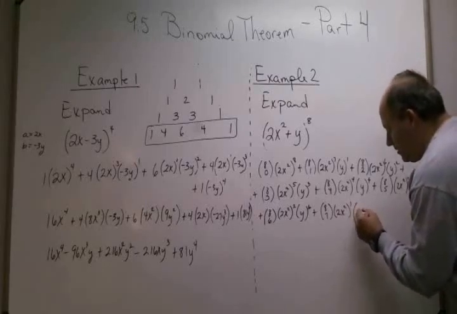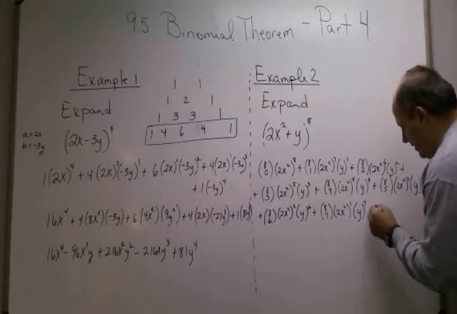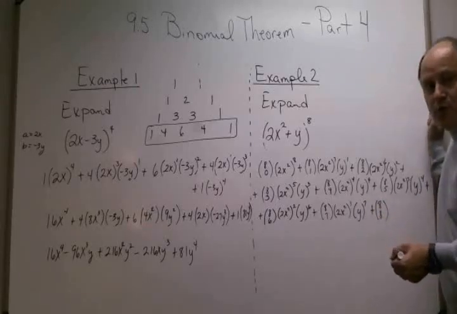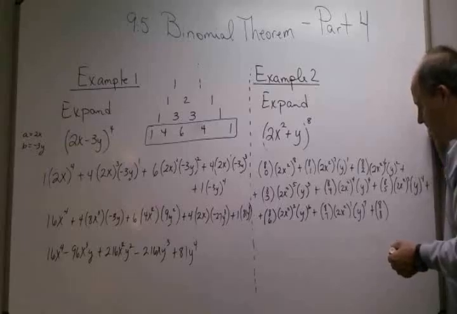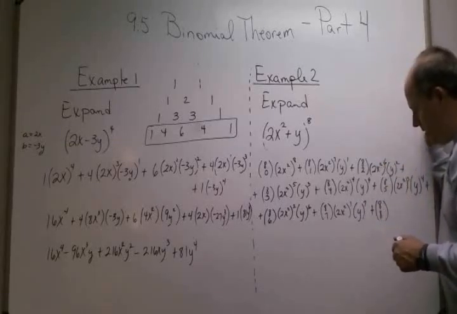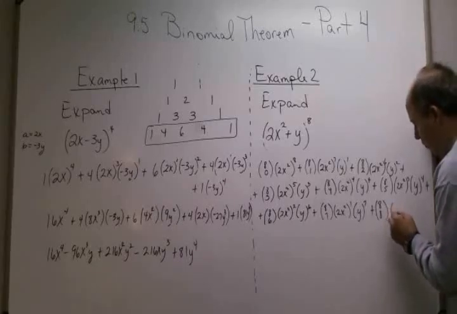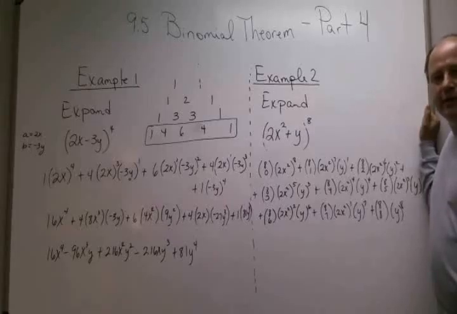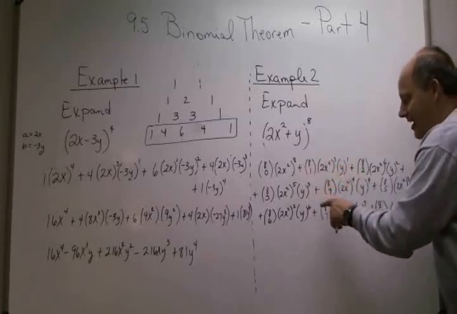And then y to the 7th. And then the next one is 8 choose 8, which remember was 1. Have 8 textbooks. You're going to choose all 8 of them. There's one way to do that. 8 choose 8, and that'd be y to the 8th because there is no 2x² on that one. That term is now gone. So now you got 9 terms.